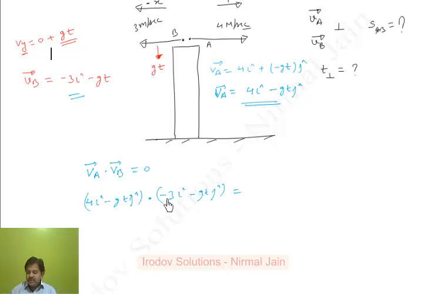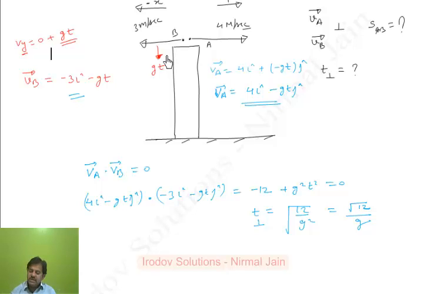While solving, 4 gets multiplied with minus 3, so this is minus 12, plus g square t square is equal to 0. So t is equal to the square root of 12 by g square, so root 12 by g. This is the time when these two particles become perpendicular in velocities.